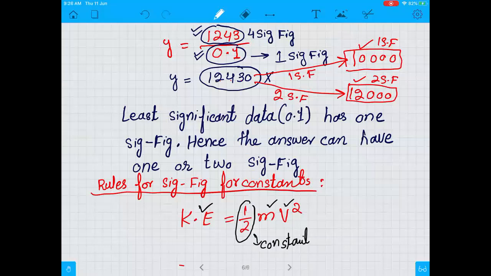While calculating, significant figures present in a constant value are ignored. Constants have no significant figures since constants are not taken from the instruments.